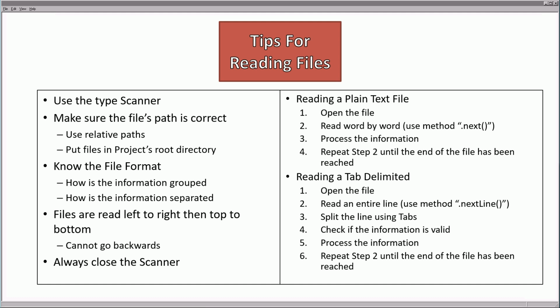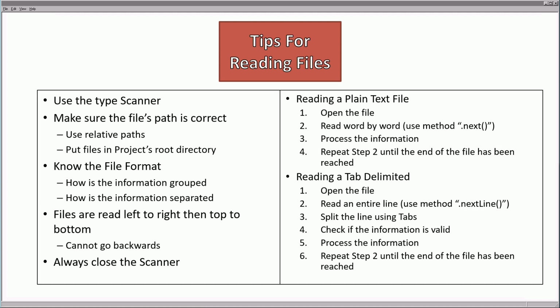Another common file format that we will be using a lot in this course is tab-delimited files. Reading one of these has a very common sequence. Step 1, go ahead and open the file. Next, we know that tab-delimited files are separated using tabs and also inline. What you should do is read the entire line. Use the method nextLine to read the whole line.